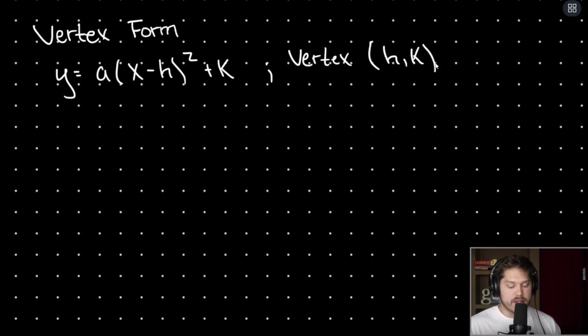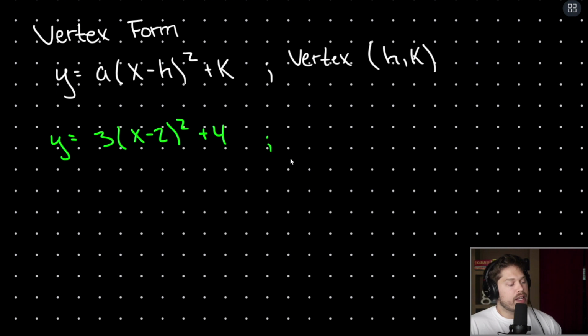So let's look at some examples. Let's say we have the equation y equals 3 times x minus 2 squared plus 4. What would be the vertex for this equation? Well, even though this is a minus 2, your h is a positive 2.